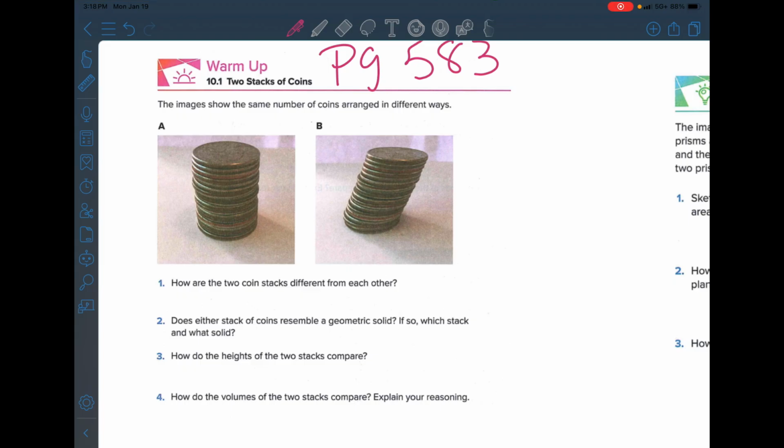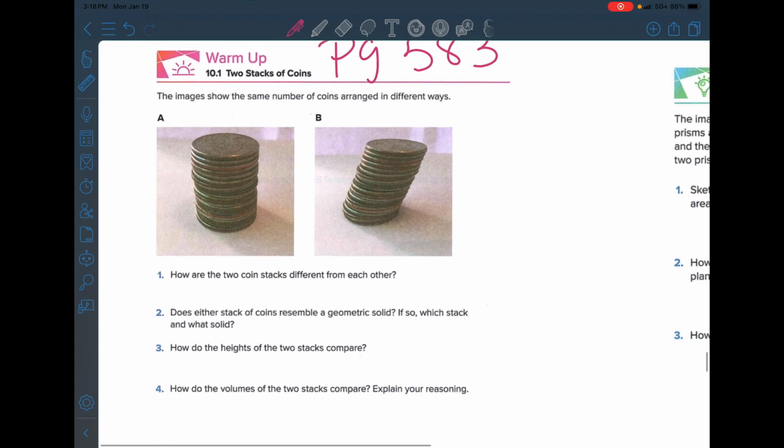And the height may be a little bit different in this one because we don't use this height. That's called the slant height, and we don't use that to determine the volume. We use this height.